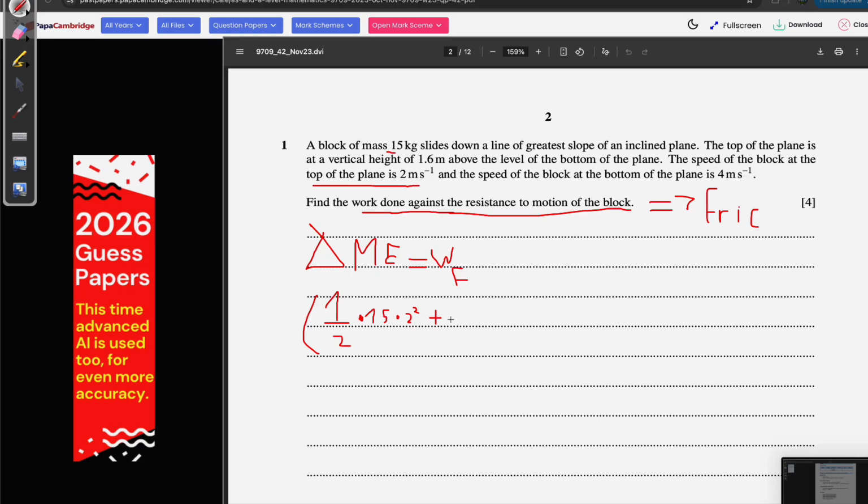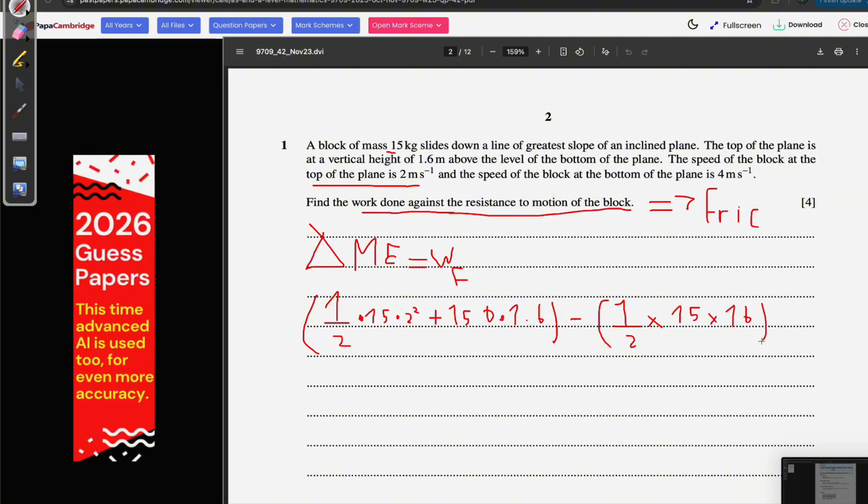So 15 times 10, which is 150 mg, times 1.6, minus the bottom of the plane, which means there is no gravitational potential energy, so it's just kinetic. 1/2 times 15 times 4 squared, which is 16.